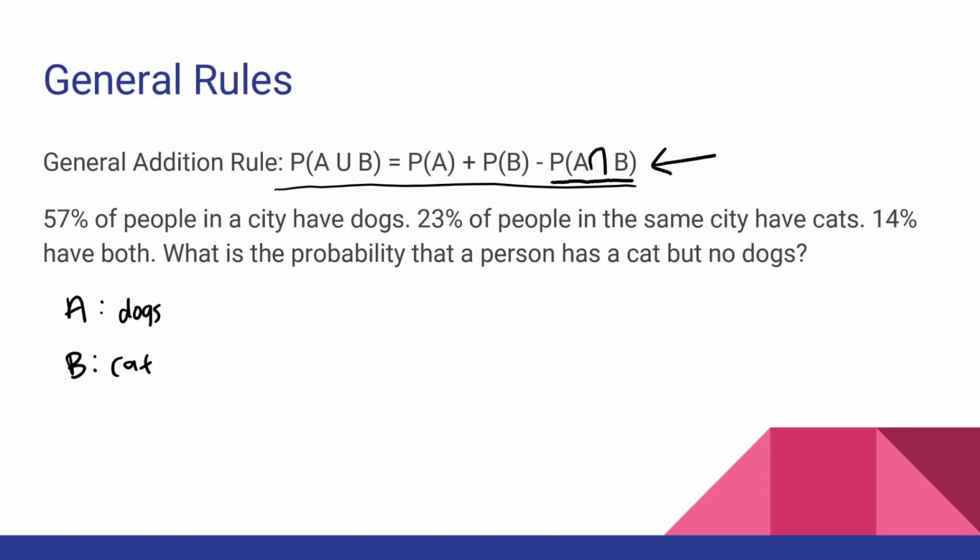So we'll go with what is the probability that a person has a dog or a cat. So this includes people that only have dogs, people that only have cats, and people that have both. So dogs, cats, or both.